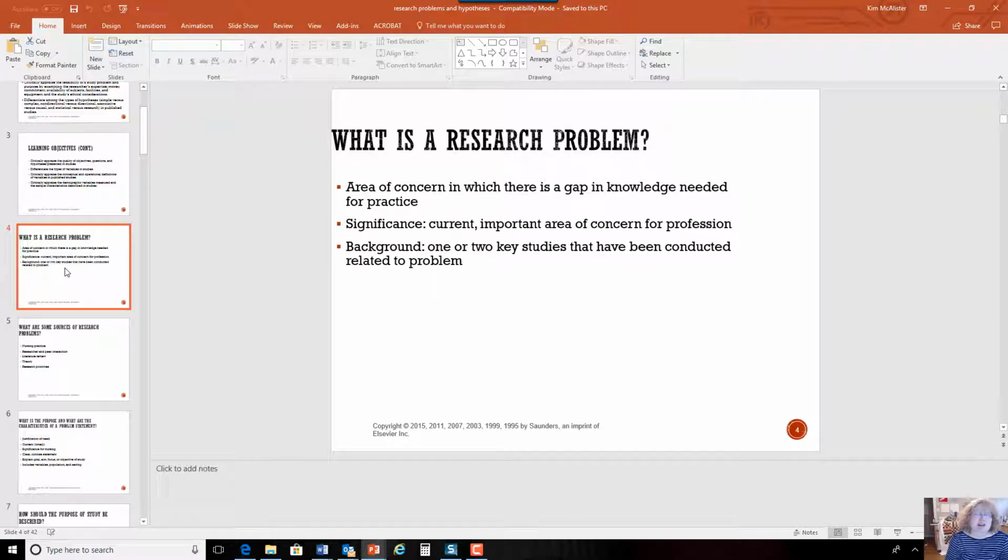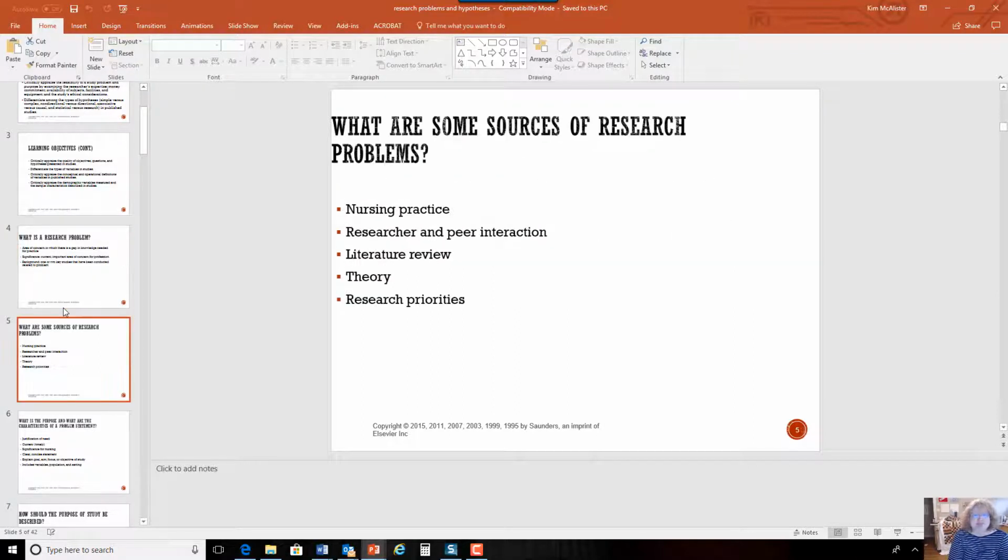Let's see what we can do to determine if this will apply to other patients, or maybe one particular unit came up with a new idea or a new method, and then the hospital wants to see if that will work in other places. These are some common examples of where nursing research problems come from.